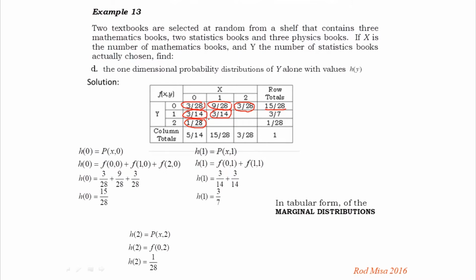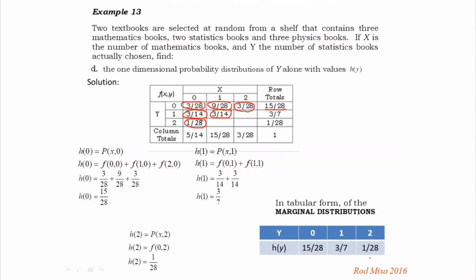Thus, in tabular form of the marginal distributions, these are the set of probabilities for all y's: a probability value of 15 over 28 when your y is 0, adding across all x's; a probability of 3 over 7 when your random variable y is 1, adding across all x's; as well as a probability value of 1 over 28 when your y is 2, adding across all x's.